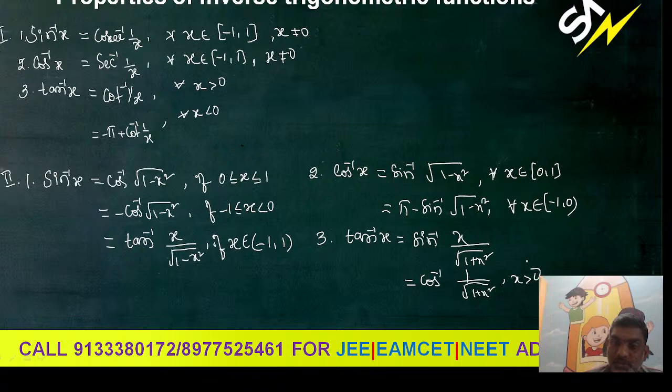For all x greater than 0, tan inverse of x is equals to sine inverse of x divided by under root of 1 plus x square. And the next formula is cos inverse of 1 divided by under root of 1 plus x square for all x greater than 0. Right? These are the next set of formulas.